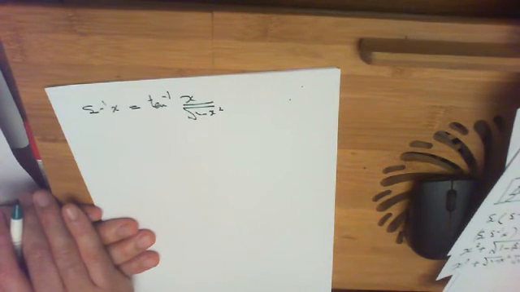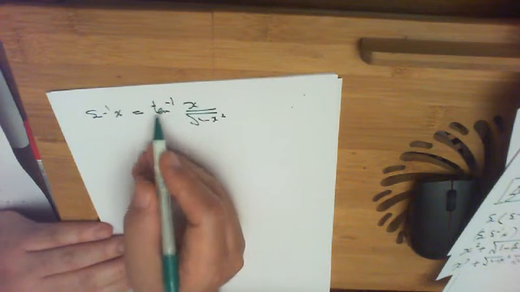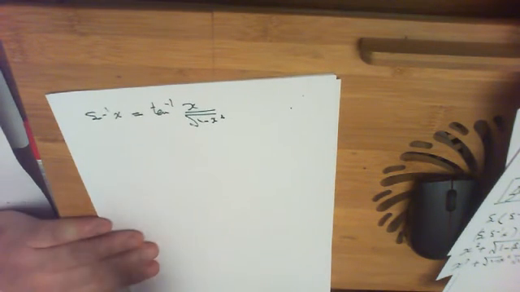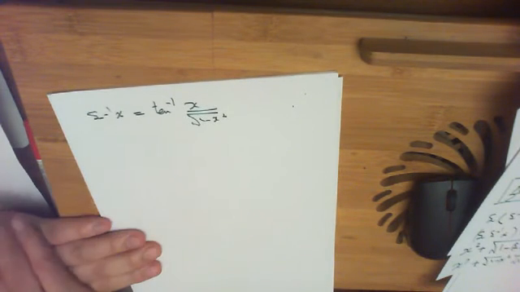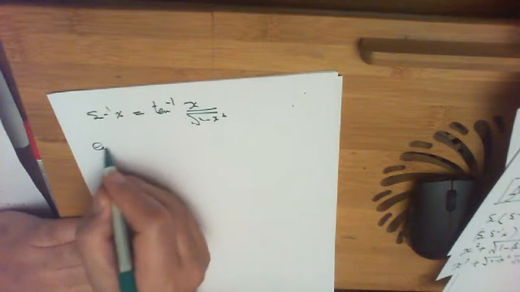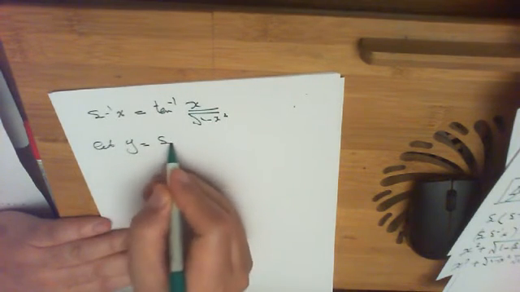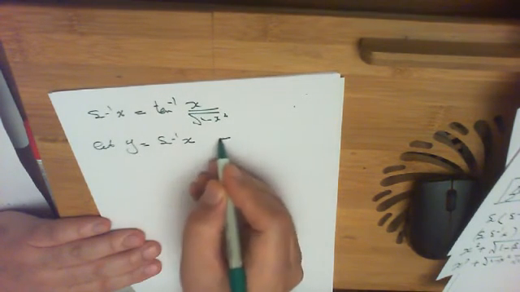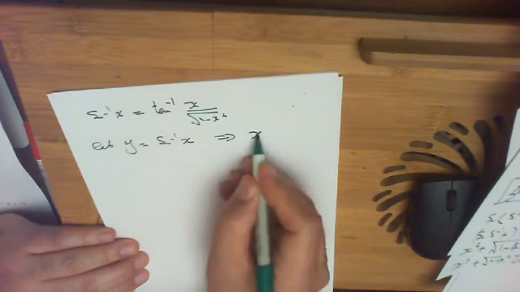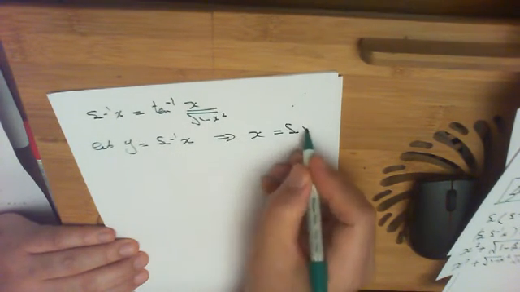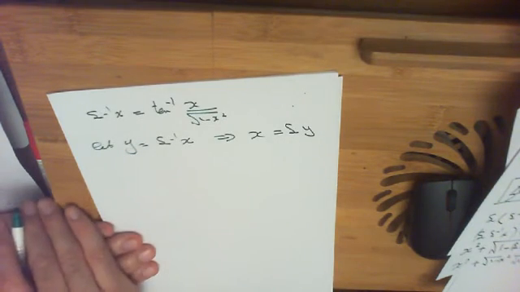How? He needs tan. So if I have sine and cosine and divide them, I can obtain tan minus 1. Let y equals sine minus 1 x. Therefore, y is the angle of which the sine is x. So therefore, x equals sine y.